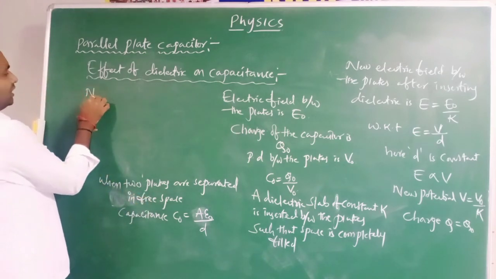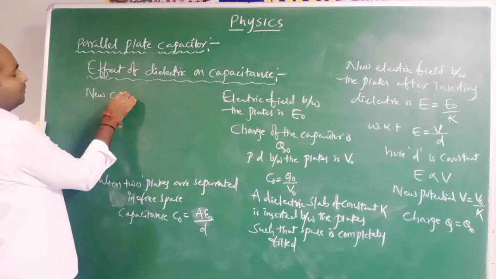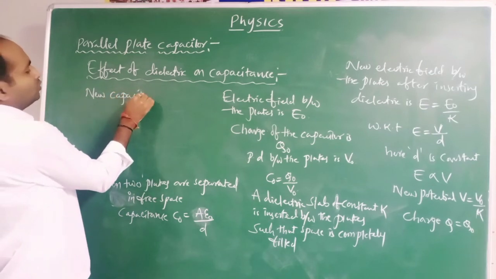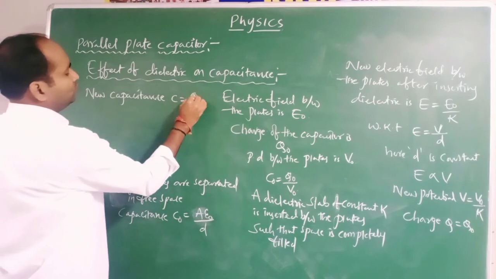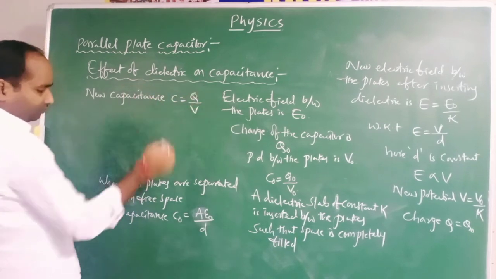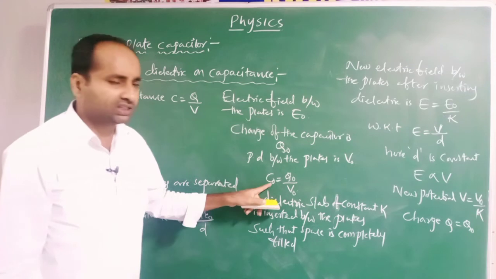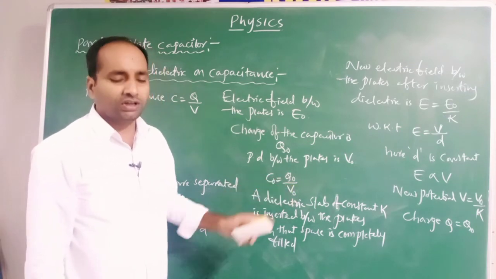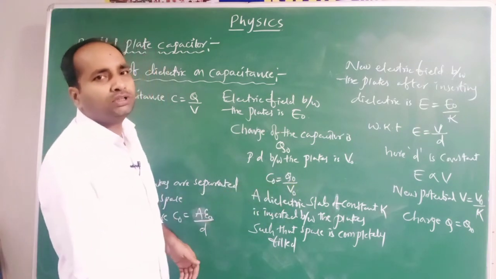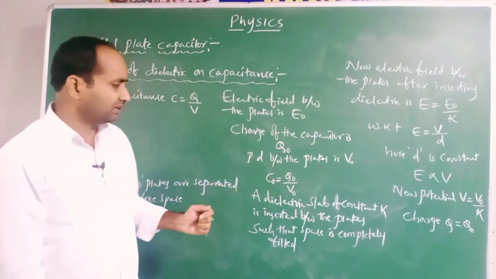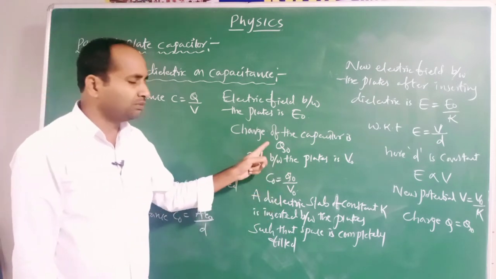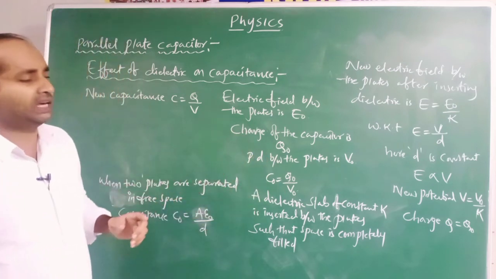New capacitance C equals new charge by new potential. Here, C naught equals Q naught by V naught, where Q naught is the charge of the capacitor and V naught is the potential between the plates before introducing the dielectric.